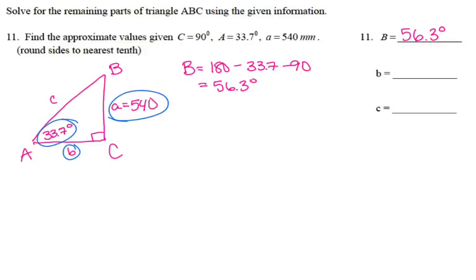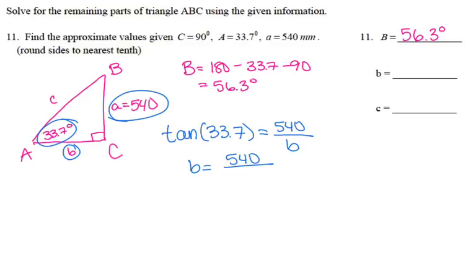Well, A is the opposite of angle A, and B is the adjacent. So opposite and adjacent is going to be tangent. So I have tangent of 33.7 equals 540 over B. I can cross multiply, so I get B equals 540 divided by tangent of 33.7.